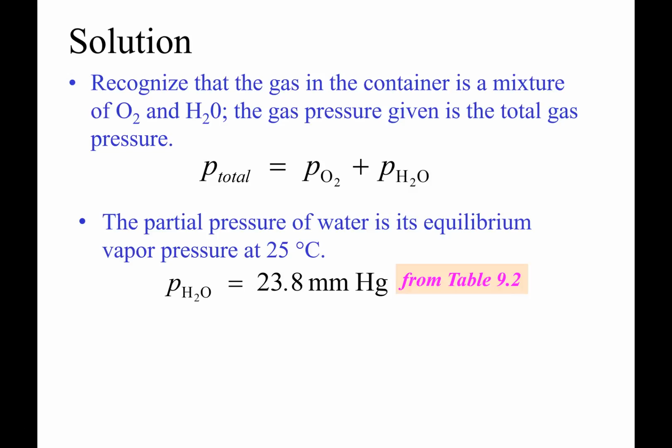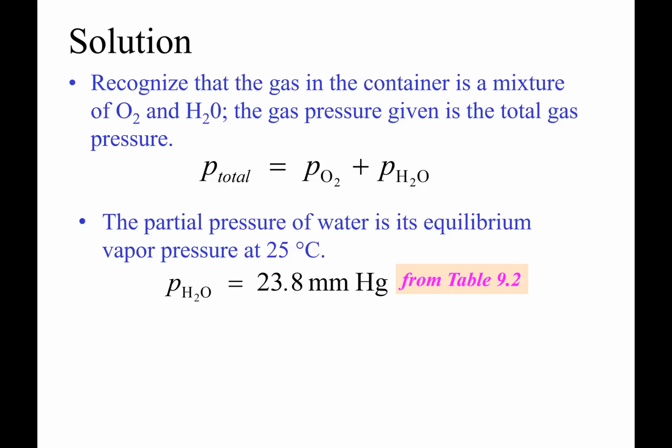From the table, we can look up. And actually, I'm pretty sure that the columns in the table are in units of torr, but if it's okay with you, I'll just skip from torr to millimeters of mercury because they're exactly equal. So from the table, at that temperature, 25 degrees Celsius, the partial pressure of water, the equilibrium vapor pressure of water, is 23.8 millimeters of mercury.